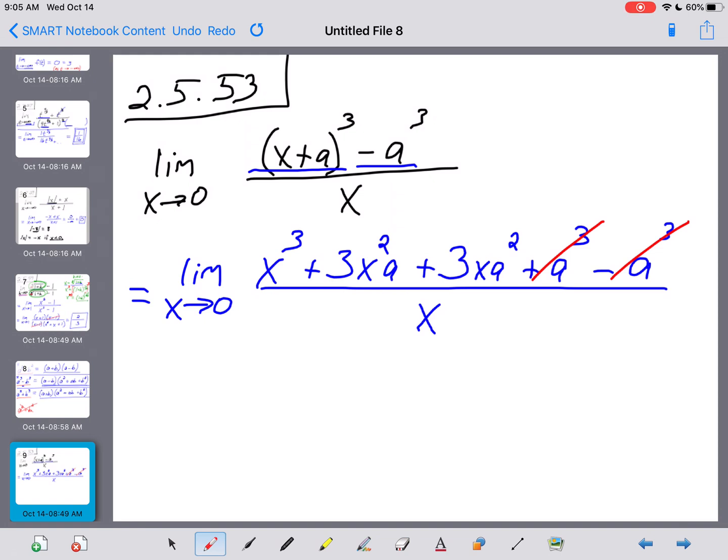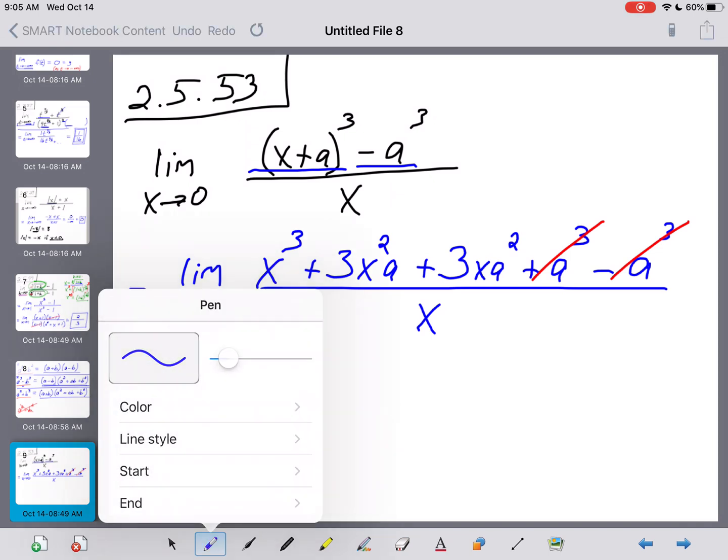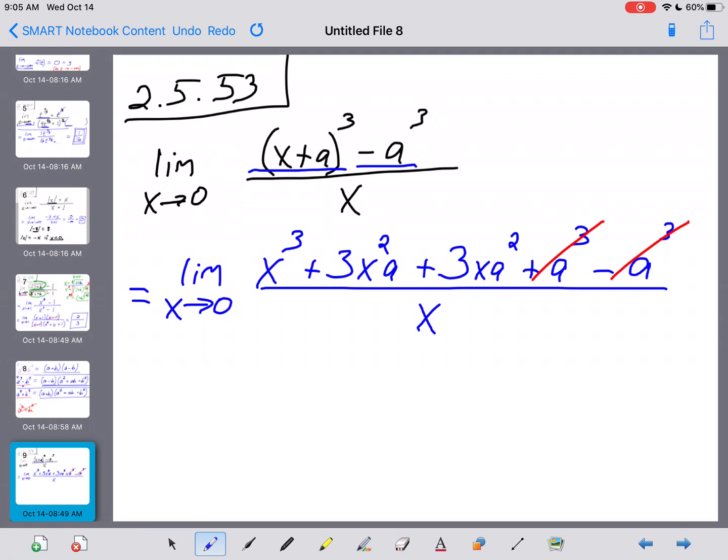But what's really important is that those were the only two terms in the numerator that did not contain a factor of x, and they're gone. That means every term still in the numerator contains an x, so we can factor and hopefully cancel.